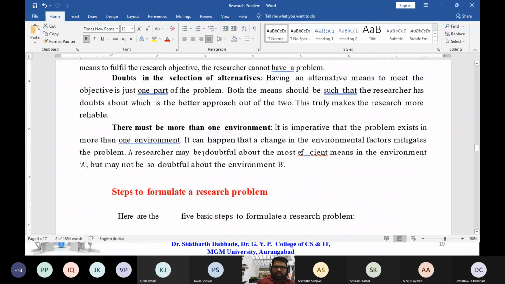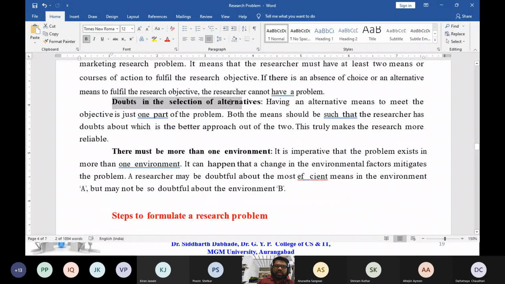Okay, and then another point is doubt in the selection of alternatives. If you have doubt whenever you are trying to decide your objectives, don't make vague statements.